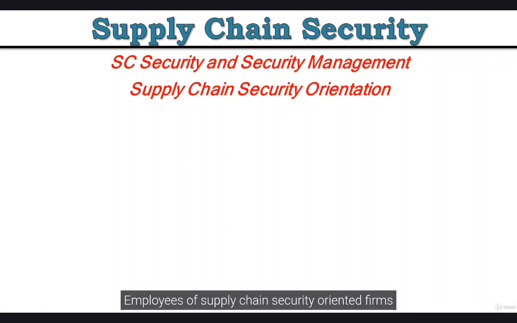Employees of supply chain security-oriented firms are posited as being concerned with both the potential for product asset contamination, damage or loss, as well as the potential for mitigating the likelihood and impact of disruptions between the firm and its supply chain partners.